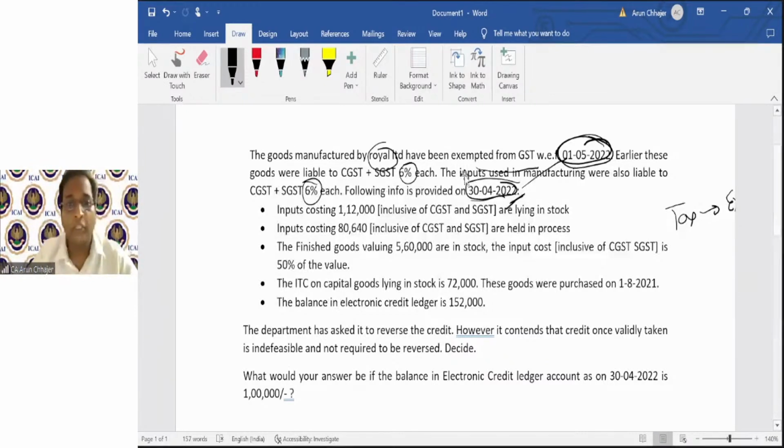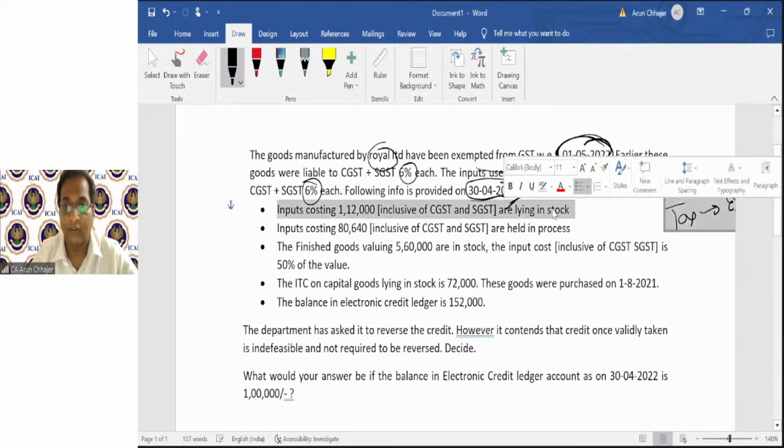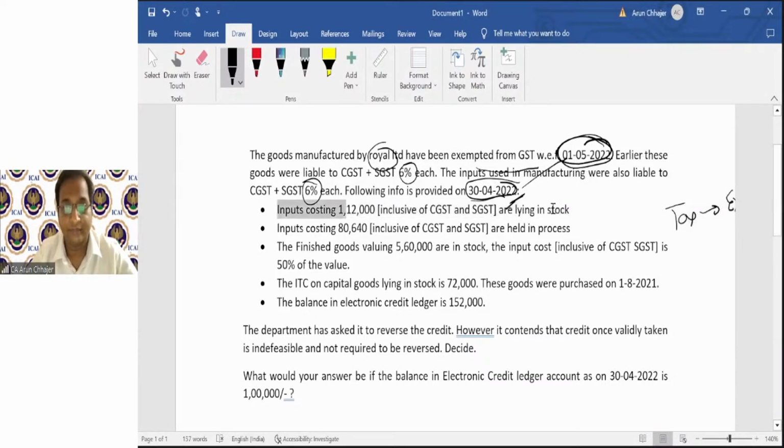The input costing 112 inclusive of tax are lying in the stock. So मैं copy paste करता हूं इस particular part को and I will also open the Excel.